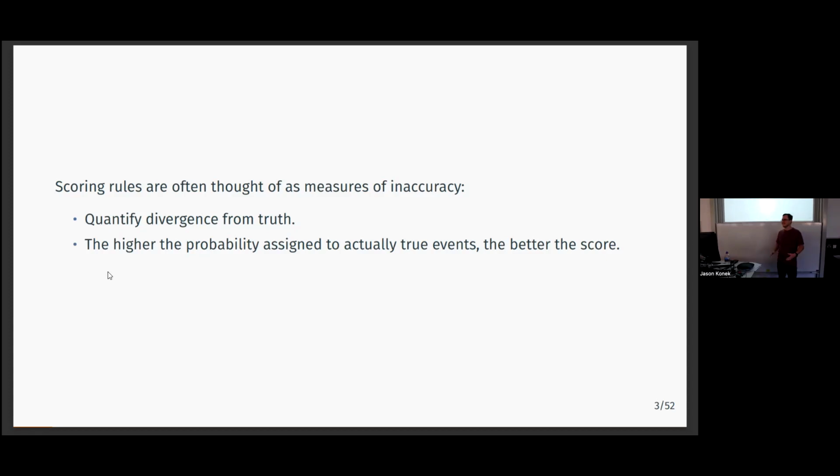So the idea is: the higher your probabilities are in true things, and the lower your probabilities are in false things, the more accurate you are, or the less inaccurate you are.